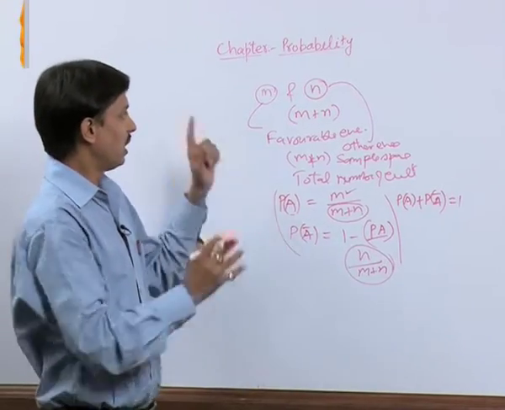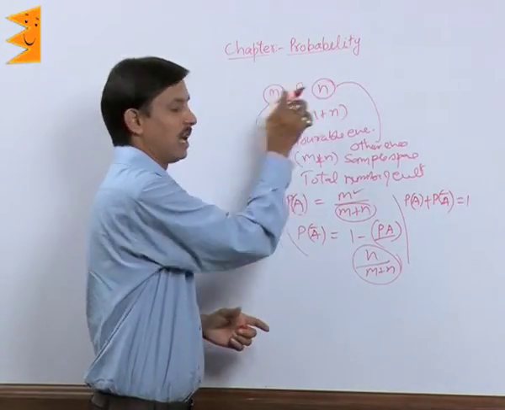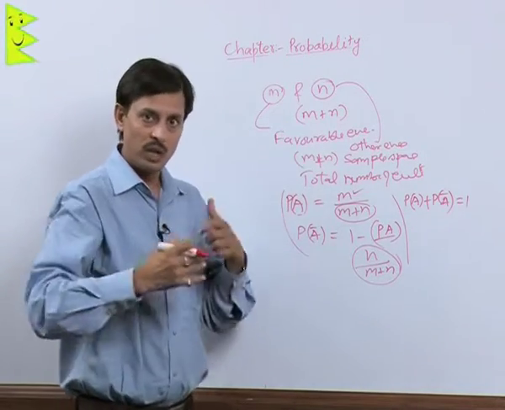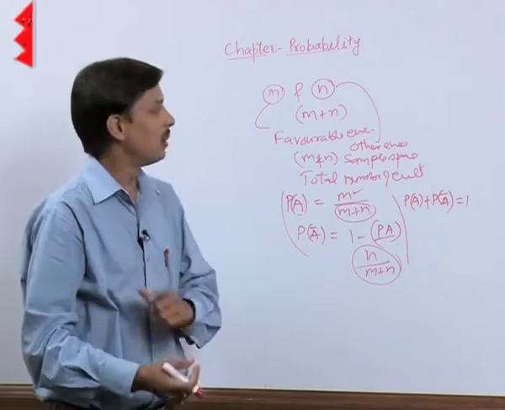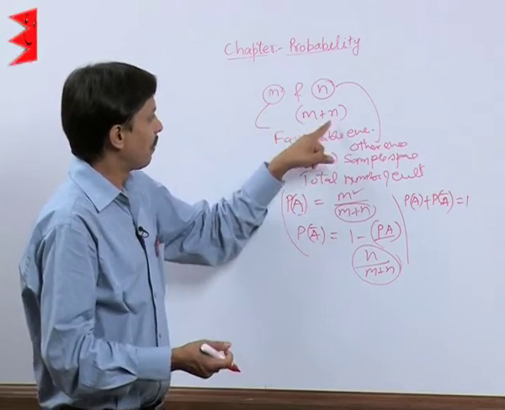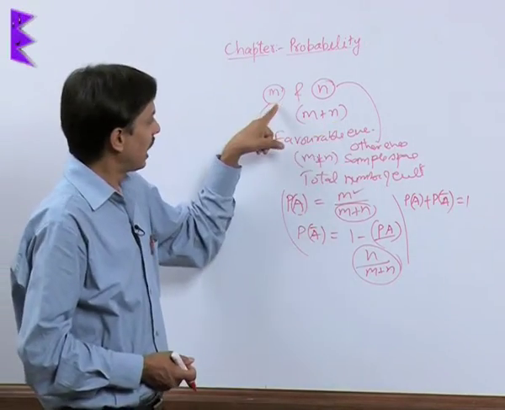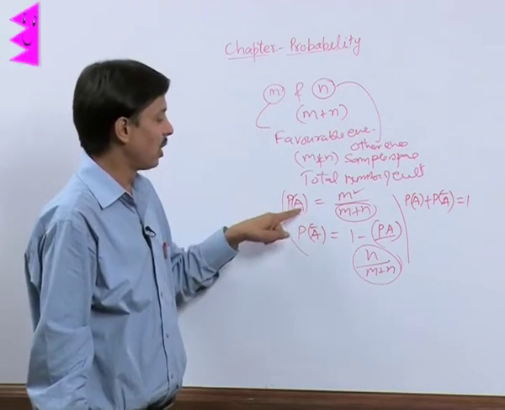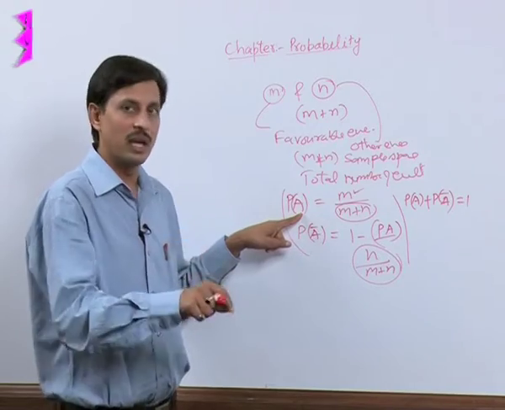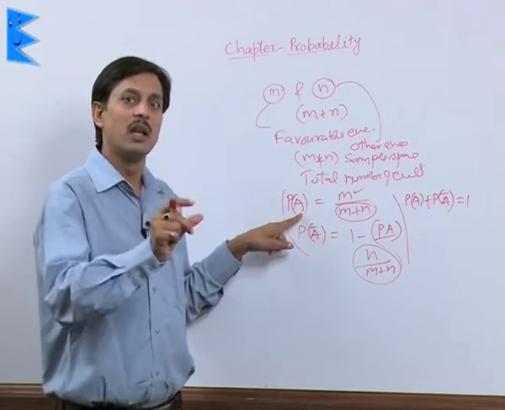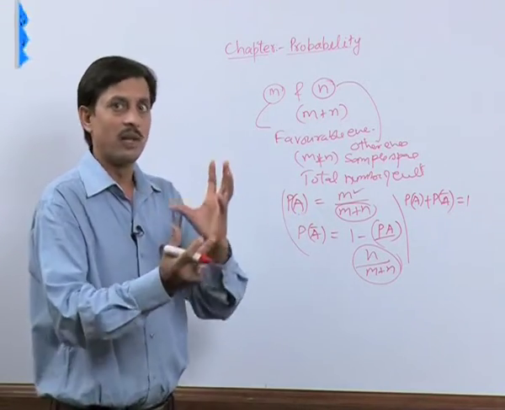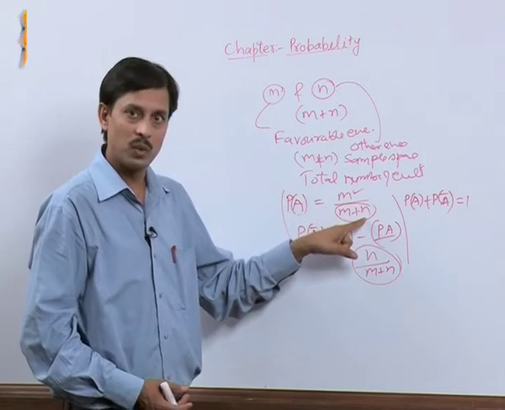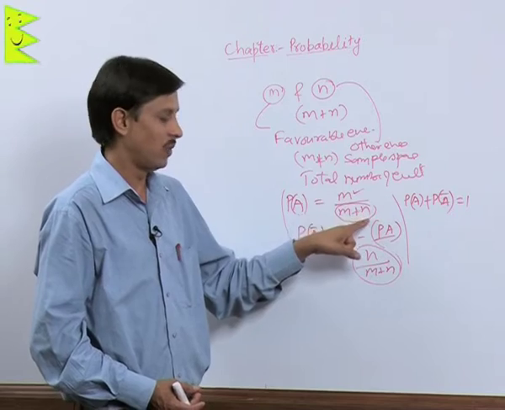So we say that when m and n are events of anything which is experimented randomly, out of these m plus n events, suppose m events are favoring me and n are not favoring, then the probability of happening of event A, where A is any event, maybe a compound event, is P of A equals m upon m plus n, that is favorable events upon total events.